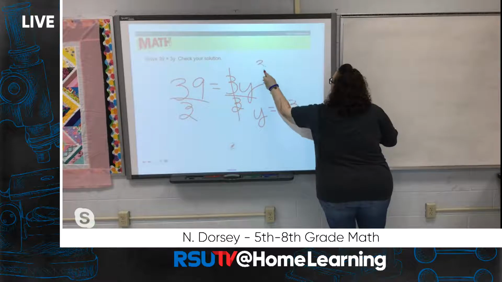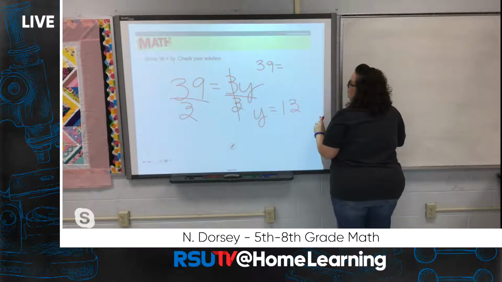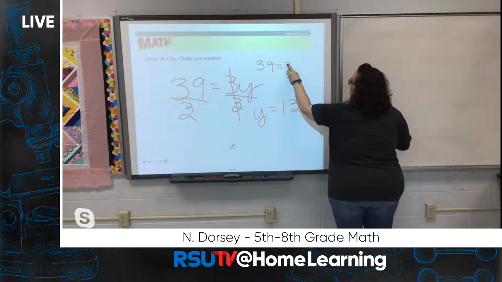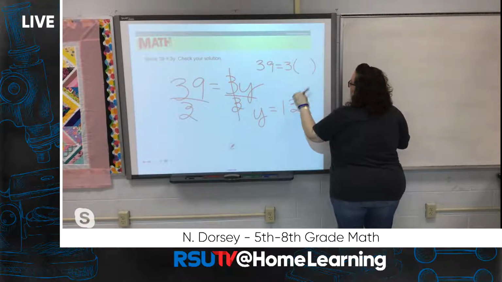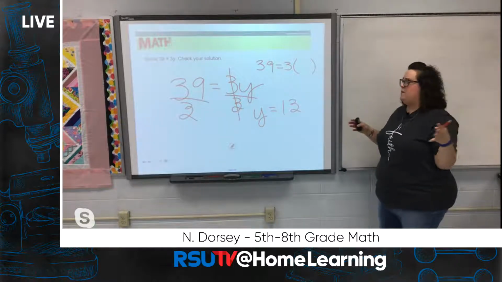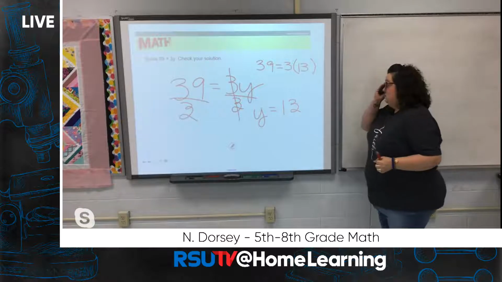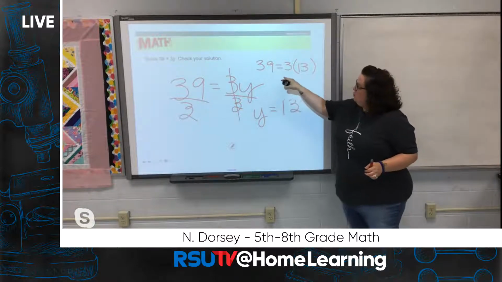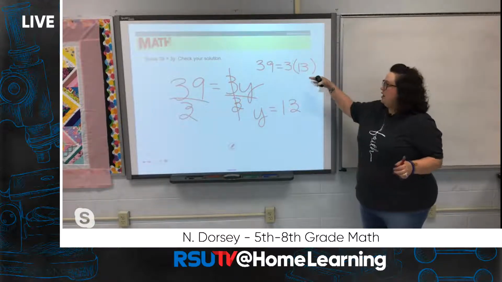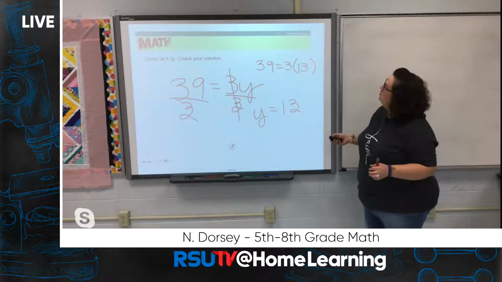We rewrite our problem, and we're going to plug in 13 where the y is. And once again, you see me putting parentheses around anything that I plug in. That's a good habit to get into. And 39 is equal to 39, 3 times 13. So we did it right. Yay!